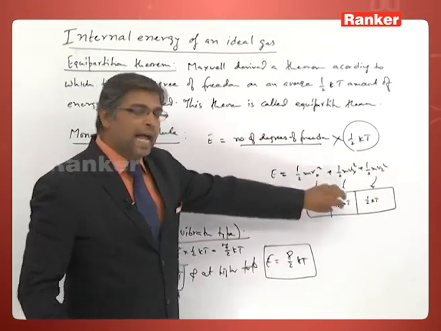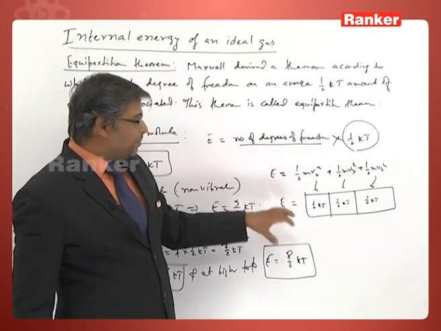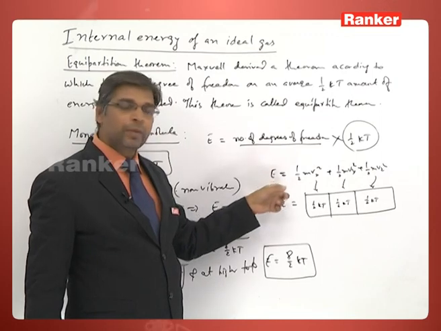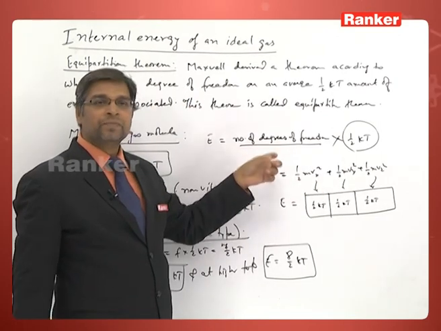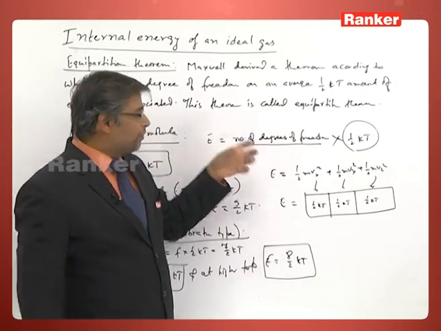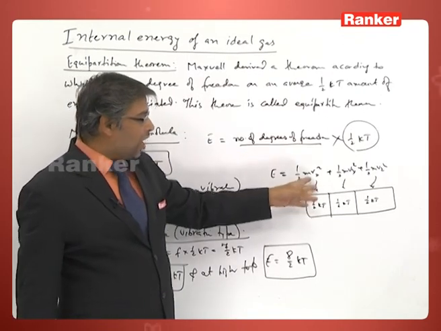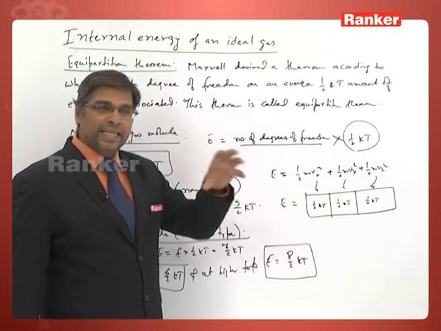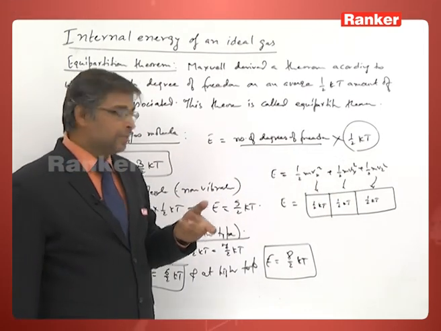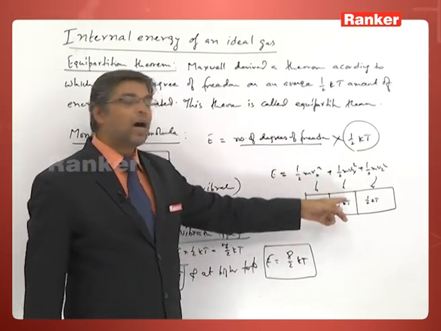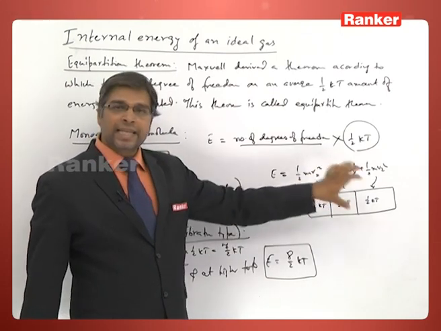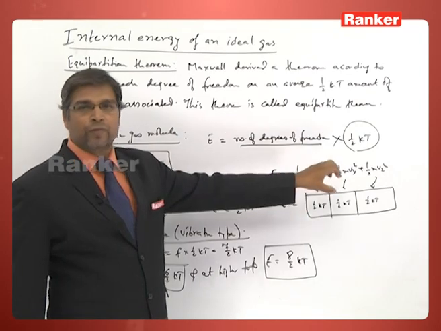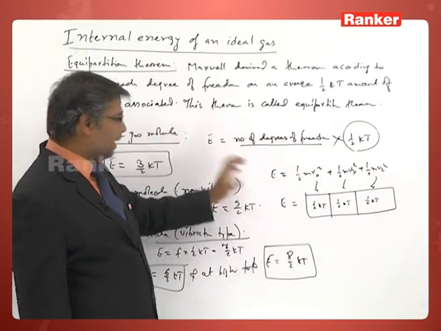So, more and more pockets means there are more and more ways in which the energy can be possessed by the molecule. Thus, the equipartition theorem tells that all these kinetic energy terms, degrees of freedom, can equally store energy, and the energy stored is half kT. So, they are equally capable of storing energy, and an equal amount of energy will be distributed into them.